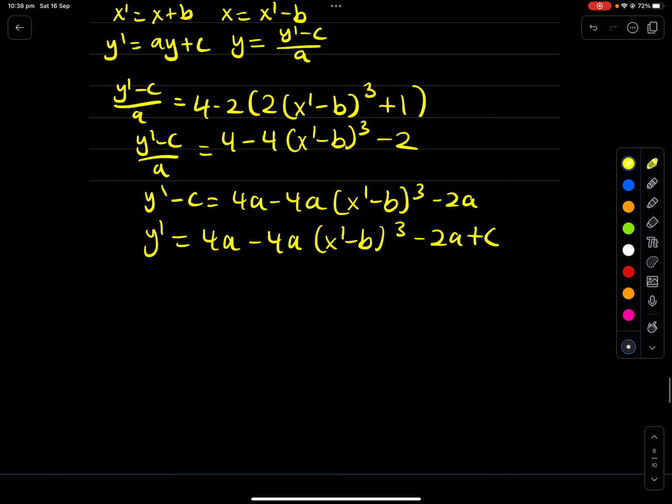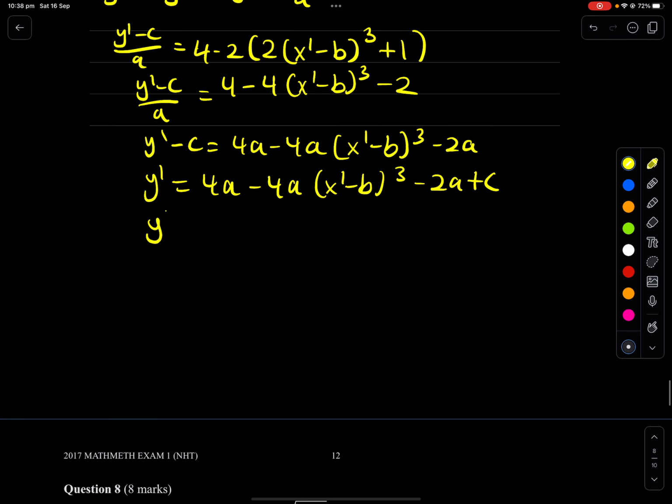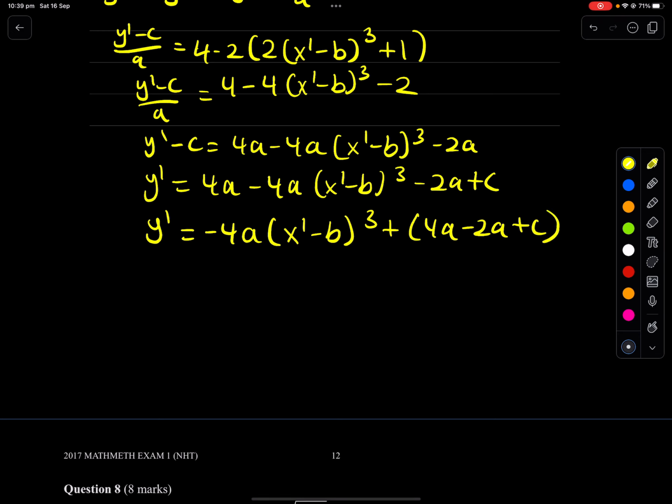And now we can just equate. So for example, -4a x minus b 3 plus 4a minus 2a plus c. And pretty much this over here is just 2a.